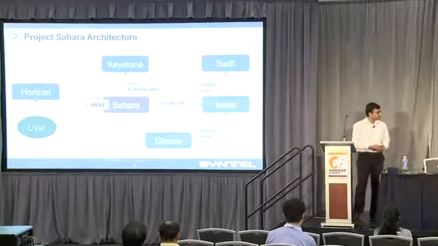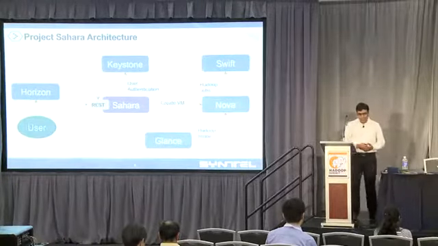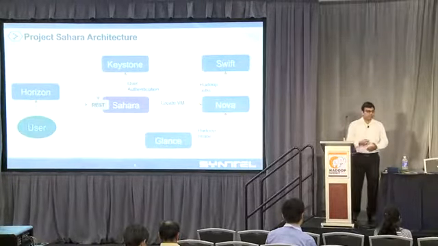So this is just a high-level architecture of Project Sahara. This shows that Sahara is one of the native components of OpenStack, where a user can either use the Horizon component, which is a user interface to create and manage clusters, which in turn uses the REST API provided by Sahara, or the user can directly communicate with Project Sahara with its REST API.